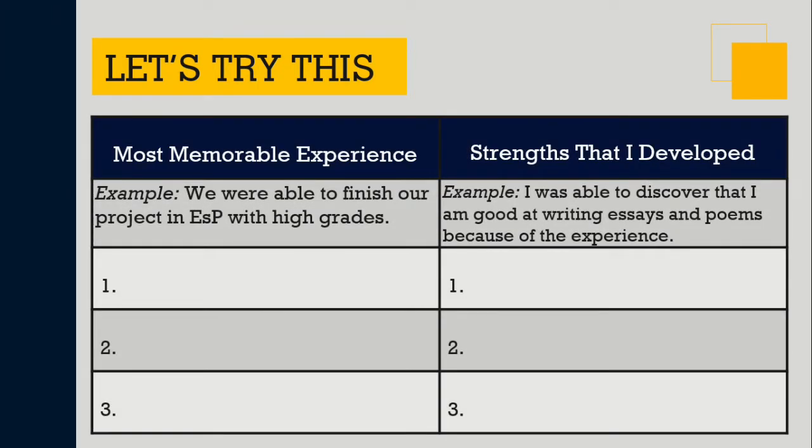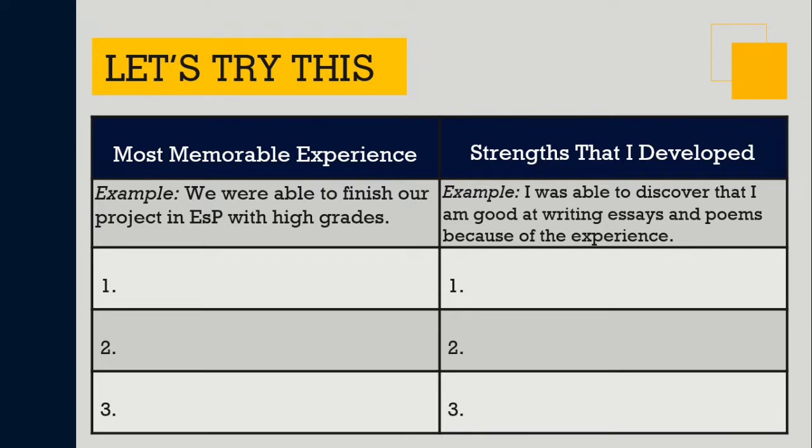On the first column are the most memorable experiences that you experienced in your life, whether in school or at home. The example that you have here is we were able to finish our project in ESP with high grades. On the next column, you should write down the strength that you have developed based on that experience.